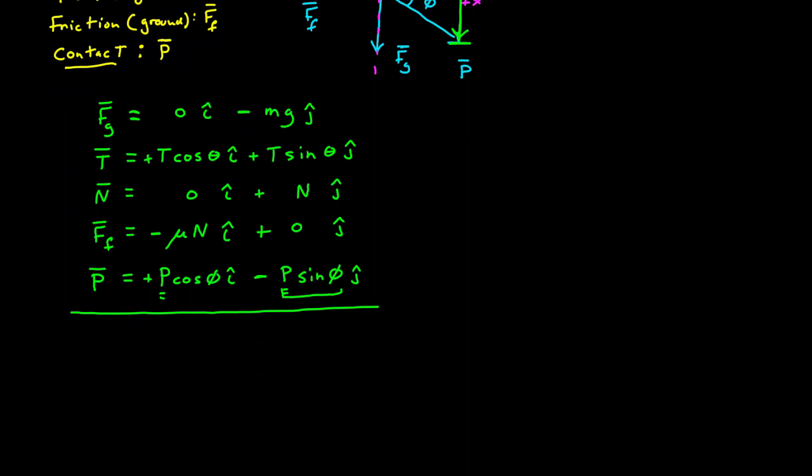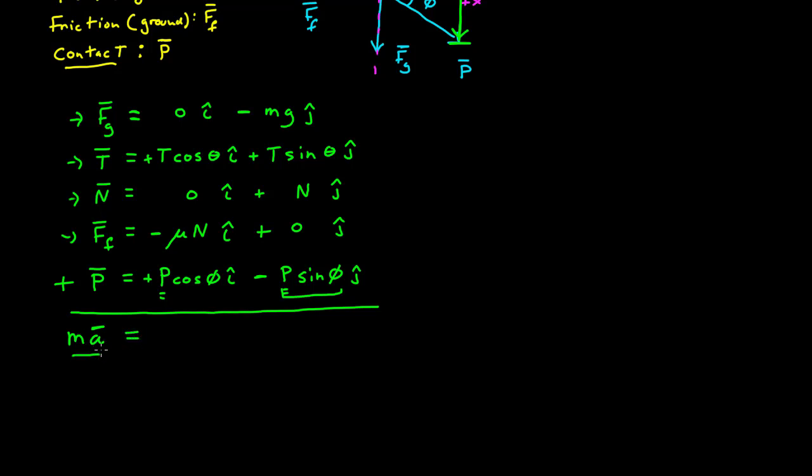Well, by writing my forces in this way, I now have an easy way to sum these forces. If I just sum these vertically, all of these forces together are then equal to the mass of the object times the acceleration of the object, which is a vector.